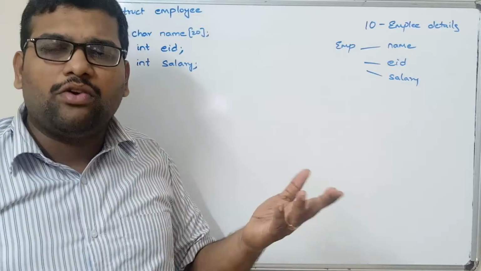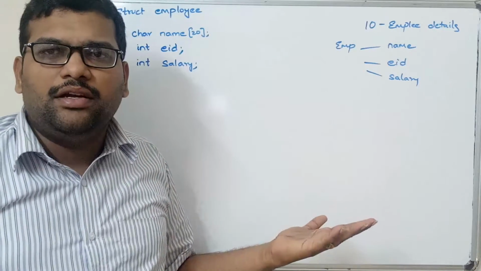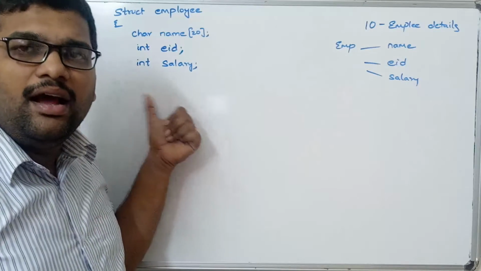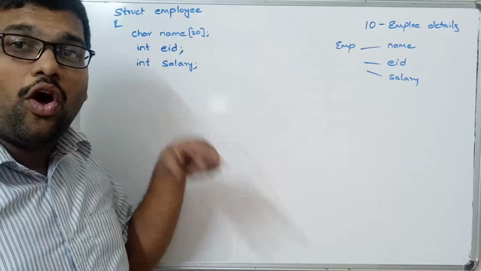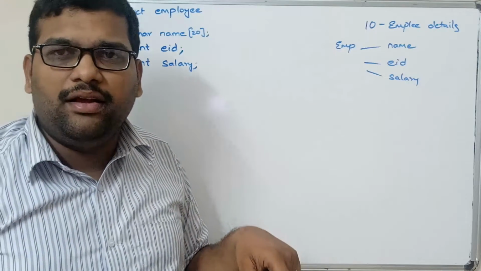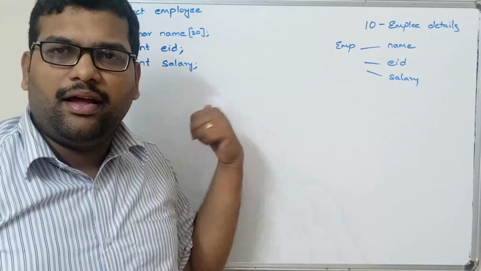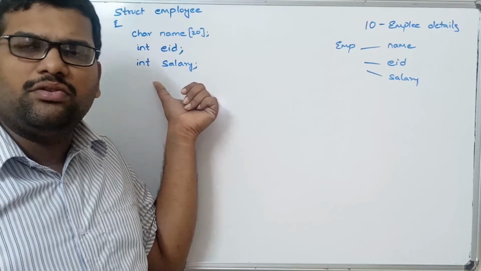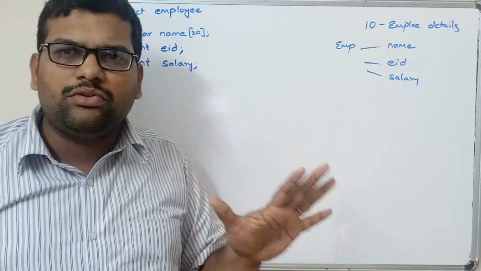If it exceeds that, we will automatically get a negative result. If we want to store a larger value in this salary, I have to declare it as long int. I have to use a modifier in order to increase the size of a variable, whereas here I am using just an integer, so it can hold up to 32,767.